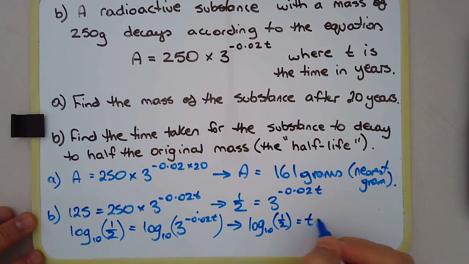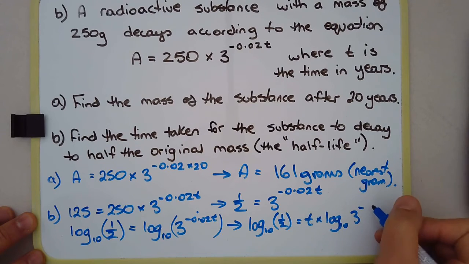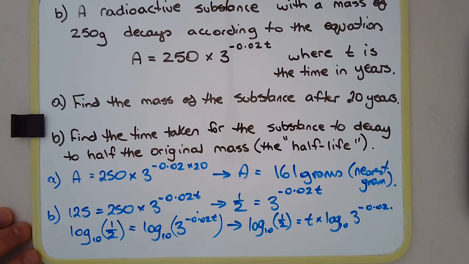That's equal to t times log base 10 of 3 to the power of negative 0.02. We could take out the negative 0.02 as well to the front, but I think if we just make t the subject there, this will still work.